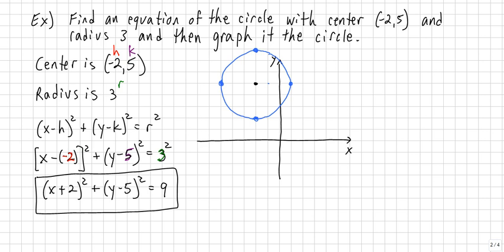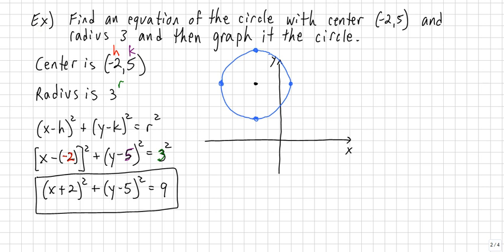It doesn't have to be perfect, but it should look like you put some effort into drawing a circle. So just remember the center is not actually part of the graph. So what I've got in blue here is the circle. The center just helps me graph the circle.